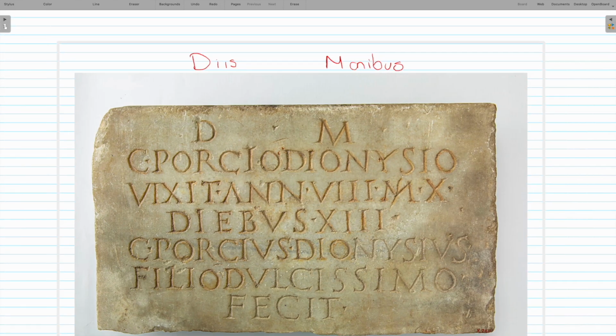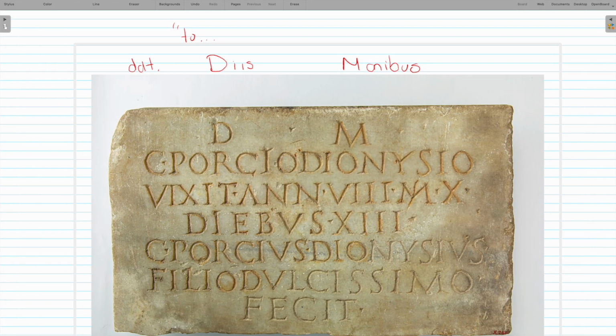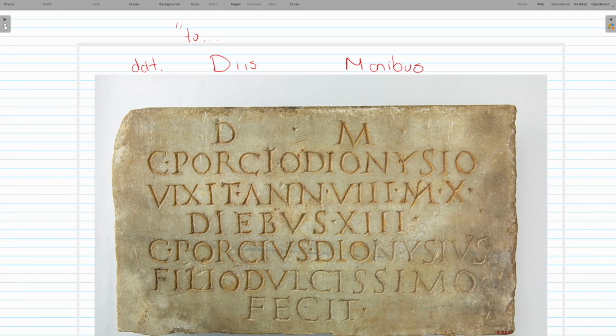And this is a dative. It's in the dative case. So you have to translate with something like to, and this is an archaic spelling, let's say, because it's the same as saying days.